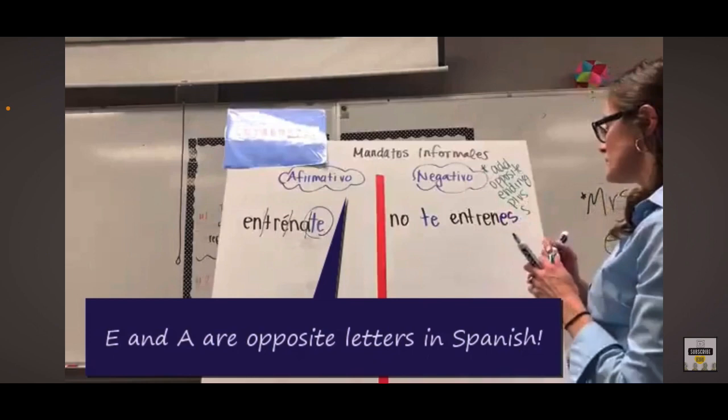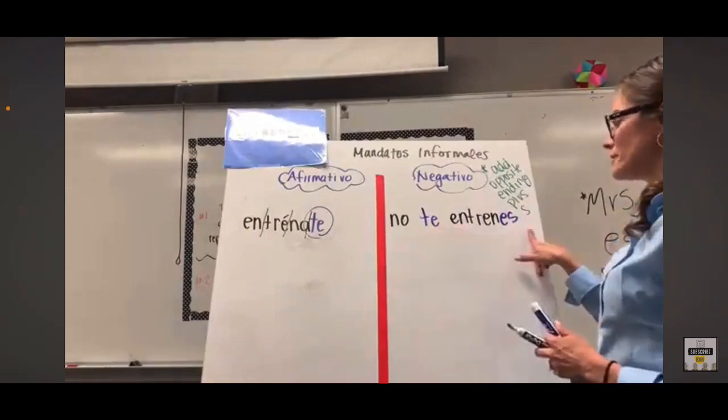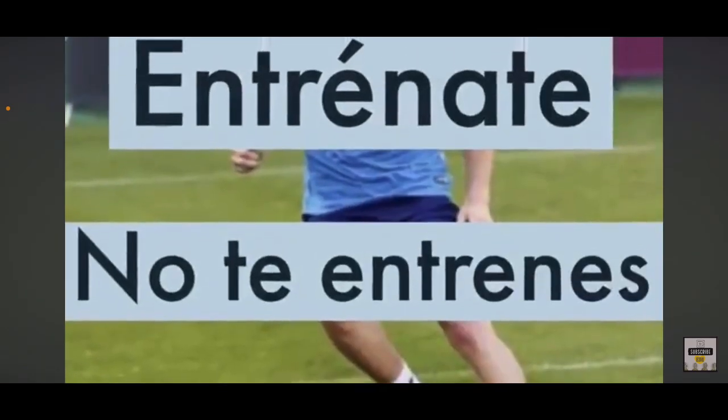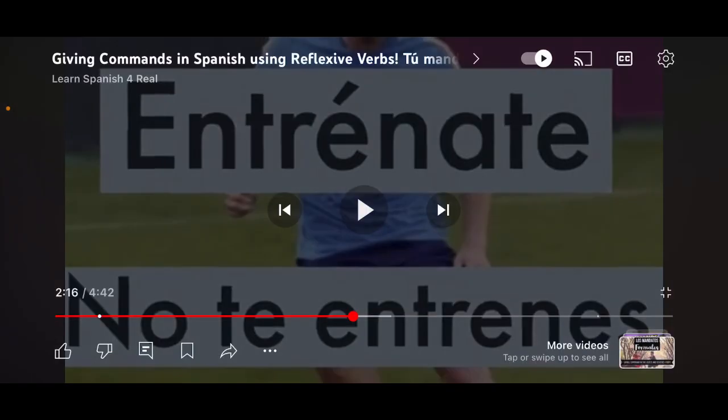And the actual verb itself, you're gonna get rid of the accent mark and you're gonna add es, because E and A are opposite letters. So if you've done it correctly, this is what you should have. No te entrenes. So it's going to be no te entrenes. So this is what you should have. Positive, entrénate. Negative, no te entrenes.